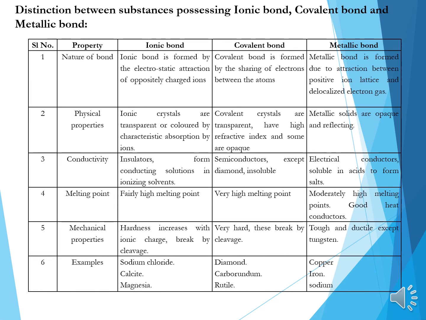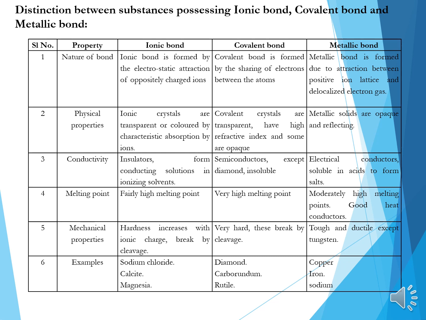Now let us come exclusively to the differences between ionic, covalent and metallic bonds. The solids having these bonds are called ionic solids, covalent solids and metallic solids. What are the basic differences? Let us compare their characteristics. First is the nature of bond.